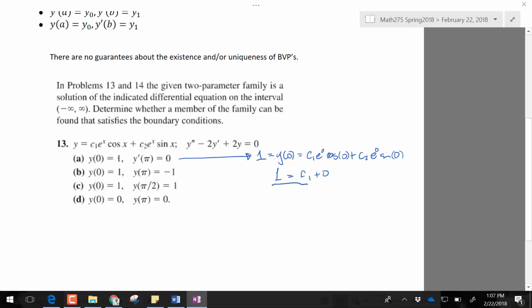Oh, we need the derivative. Y prime is equal to, looks like we have a couple of product rules. C1, e to the x cosine x plus e to the x, derivative of cosine, negative sine.